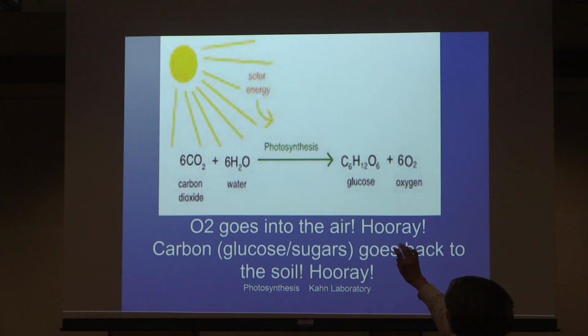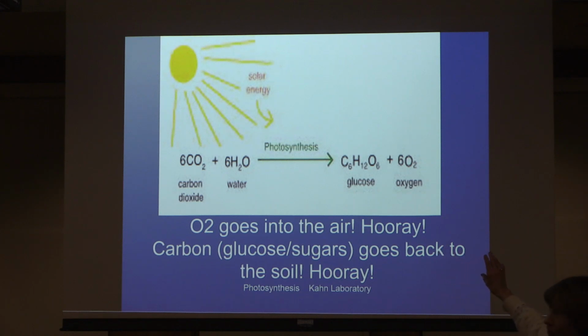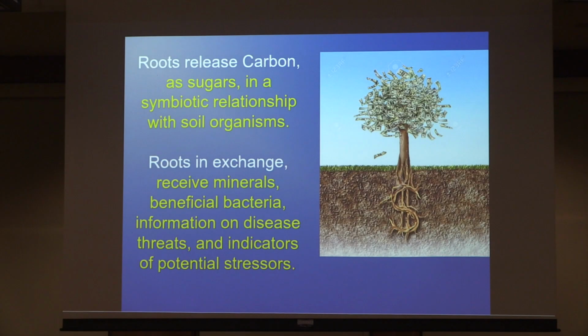We have photosynthesis, and that plant is able to change it to glucose or sugars or these compounds and oxygen. The oxygen goes in the air, which is what we want. We want oxygen in our air, right? Okay, so notice the glucose. That's what we're going to talk about. We'll go to the next slide.